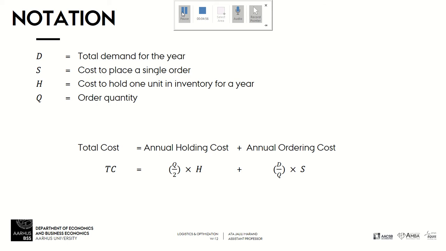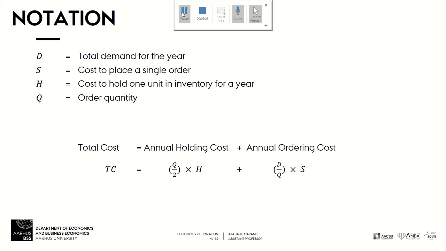What is the holding cost? The holding cost is the unit inventory holding cost H multiplied by the average inventory level, which is Q over 2 from what we saw in the previous slide. And the ordering cost is simply the ordering cost for a single order, which is S, multiplied by the number of orders that we make each year.